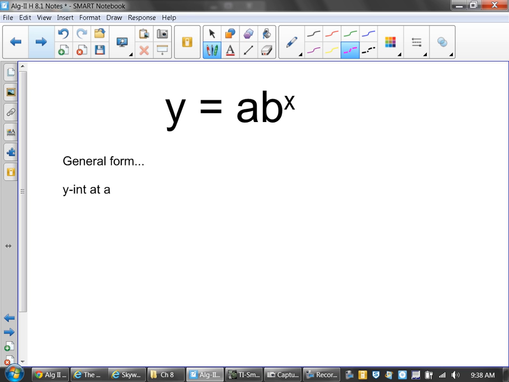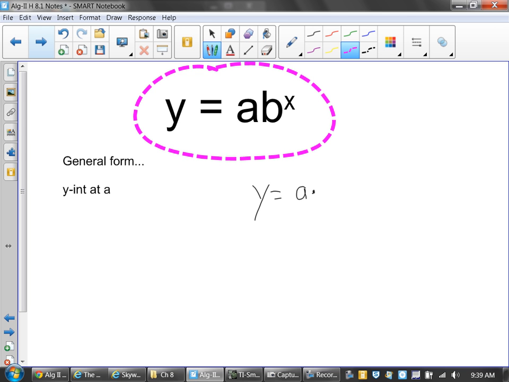What happens here is that you have this generic form for exponential growth with no shift. What this looks like is y equals a times b to the x. This value of a is always going to be your y-intercept. Always.